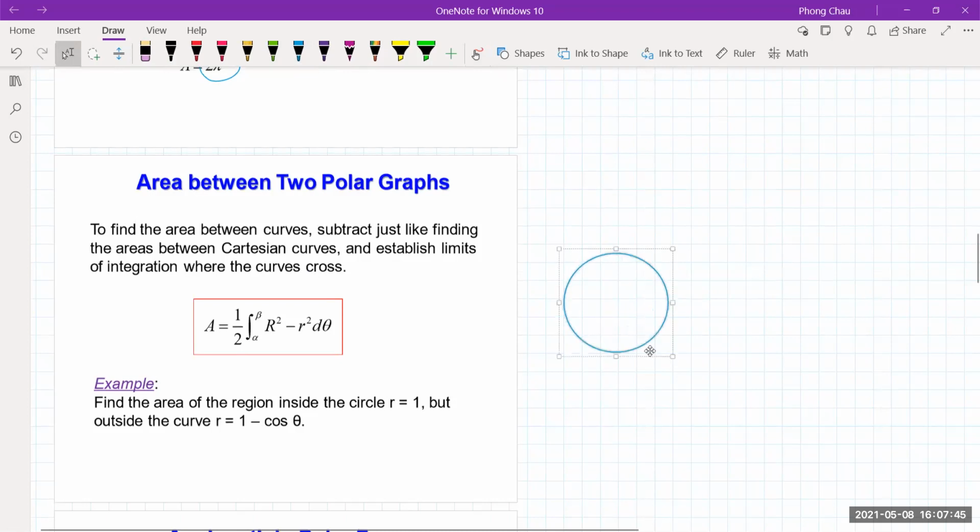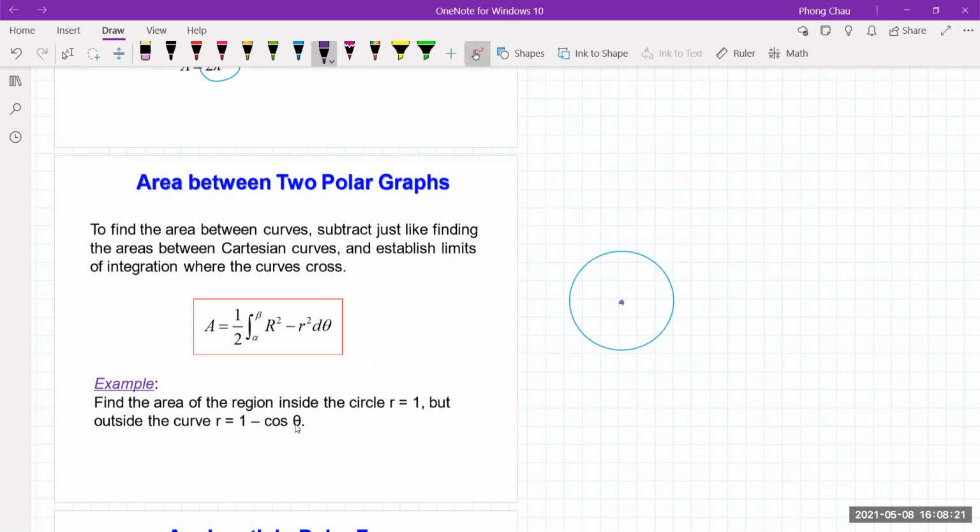I need to make it a little bigger. So let's say your center is over here. That'll be the pole. The other curve is r equals 1 minus cosine theta. What does this one look like when theta equals 0?